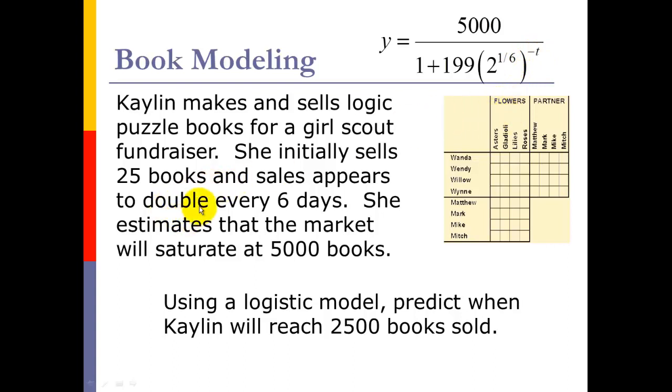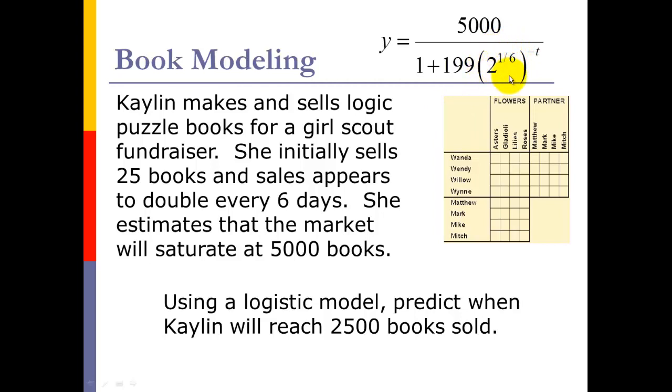Doubling is base 2 exponential. If it was tripling, you would have a base 3. We have a doubling, so it's base 2, and because it takes 6 days to double, it's 2 to the 1/6 power. That's what I have here as the base of my exponential.